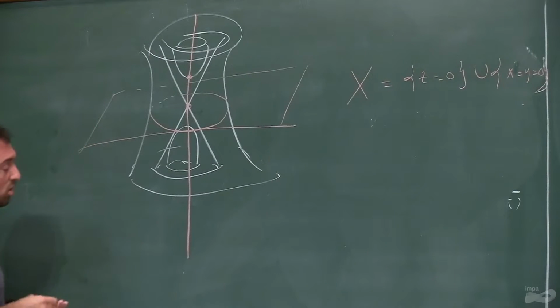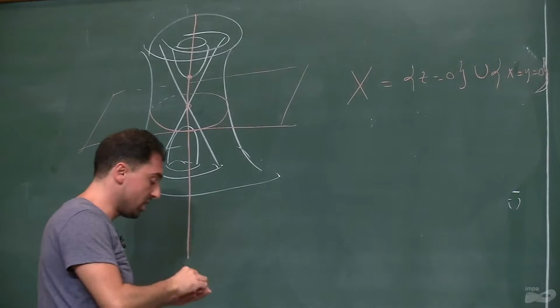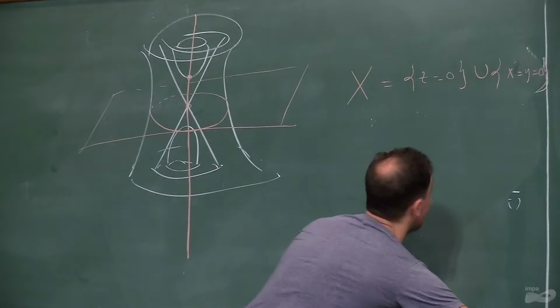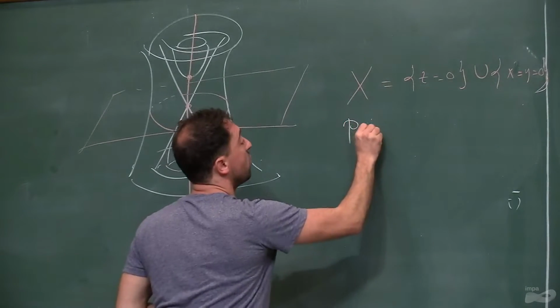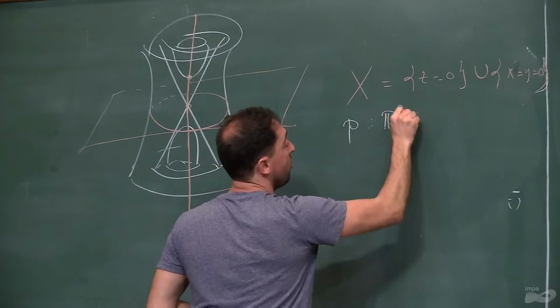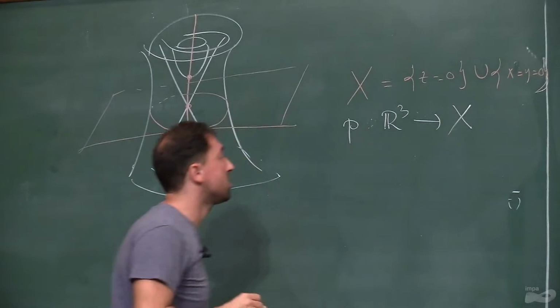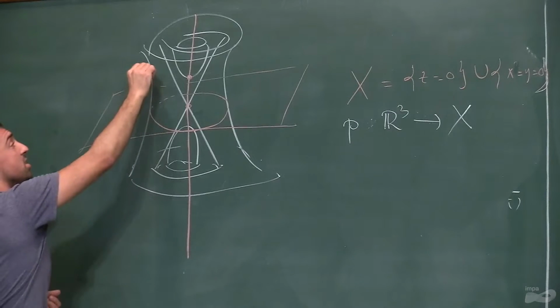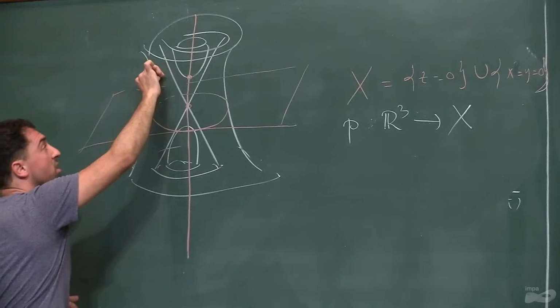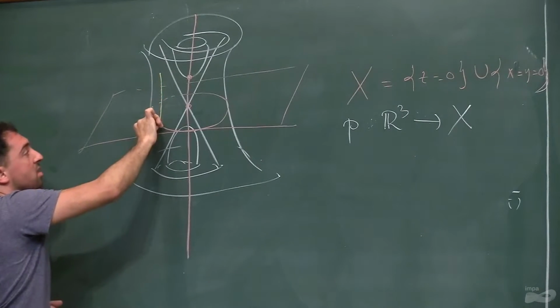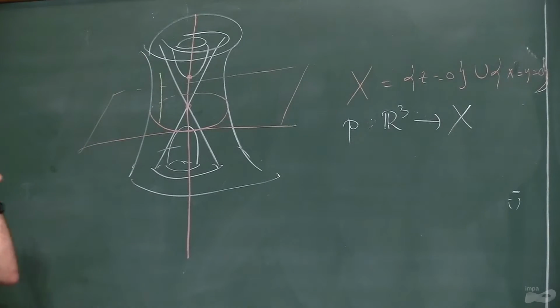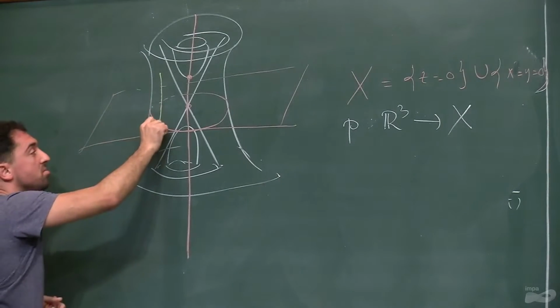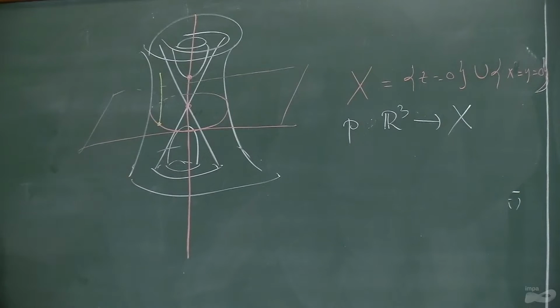You can construct a projection to it. I'll call it P from R3 to X, which does the following. It's a foliated projection: you start on a leaf, and you basically keep the same angle in polar coordinates and approach the point in X, depending on where you are.